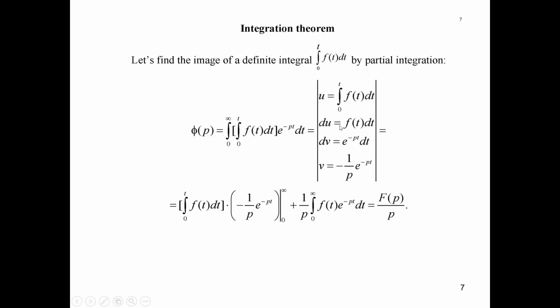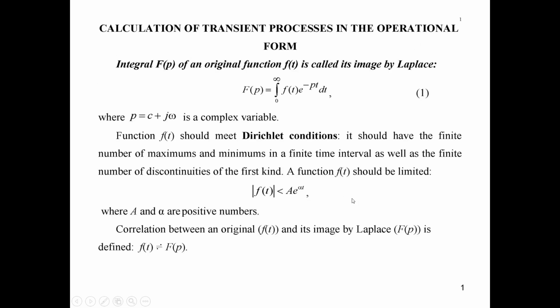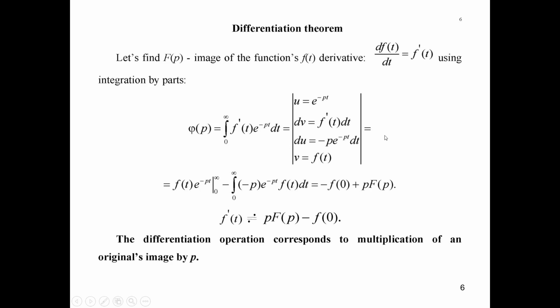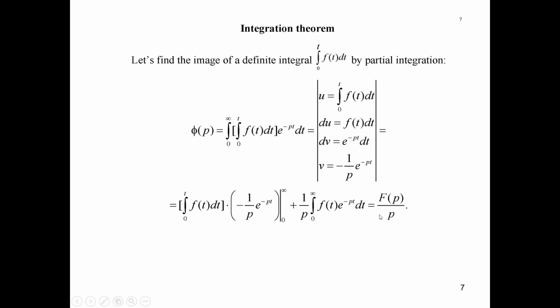It will be phi from t by dt, okay? And this expression is just the image by Laplace of the function phi from t. It was in the very beginning, you see, it's the definition of the Laplace transformation. So it will be phi from p over p, this expression, and this other expression is equal to 0.